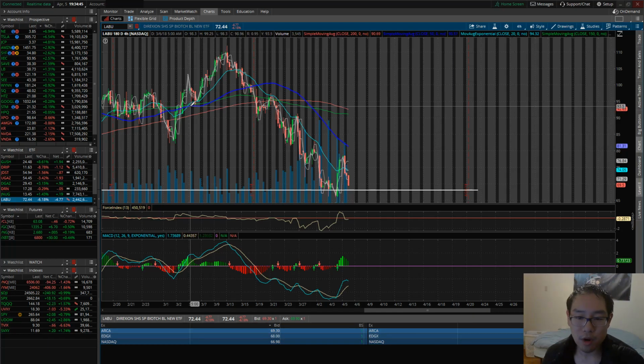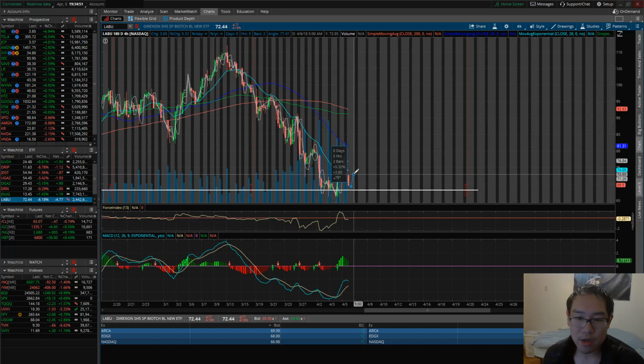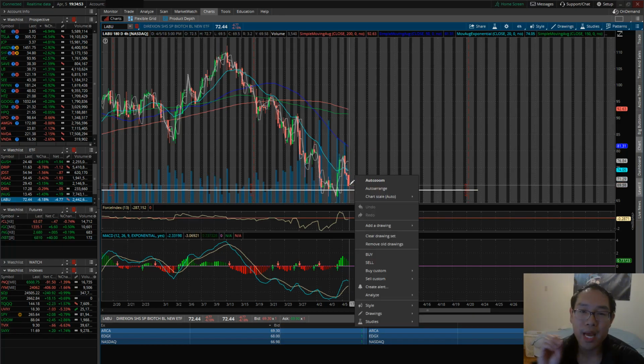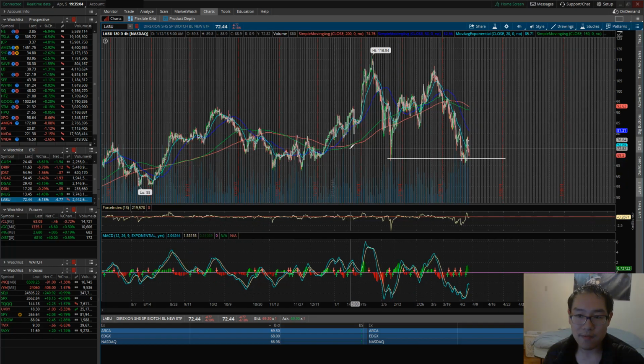So what are we looking for? We're looking for a bounce back from 67.74, and then once it bounces, you can ride it up around 5% back to its EMA line. This is something to watch tomorrow and the day after because we have identified the support, and we know that this ETF has the potential to bounce up.